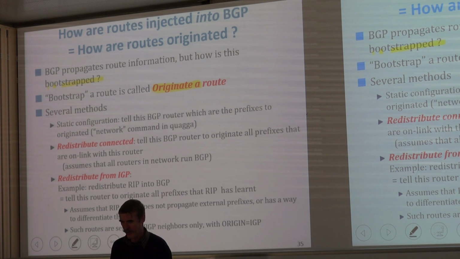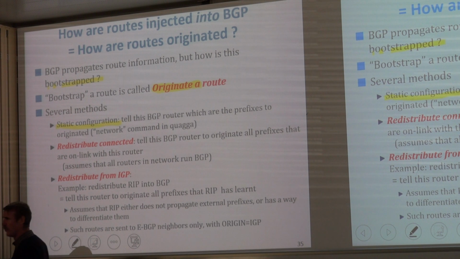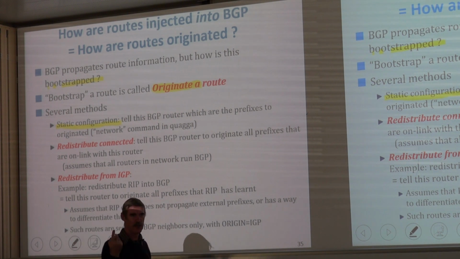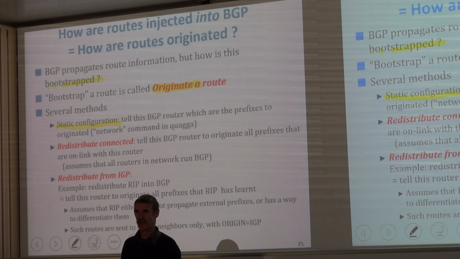And what we have seen in the example is perhaps a case of static configuration. Static configuration means you can go, and you will do that in the lab in one or two cases, you can instruct a router which routes to propagate to external neighbors or to internal neighbors, which routes to start from scratch, if you want.